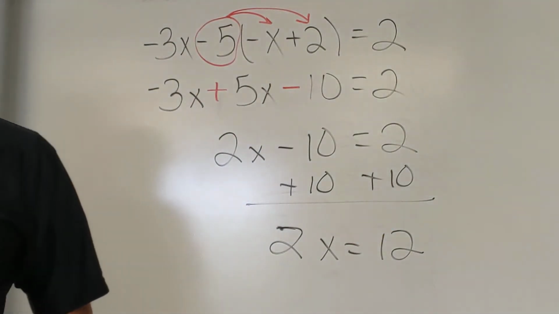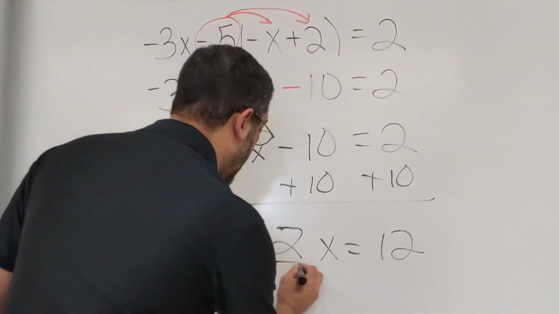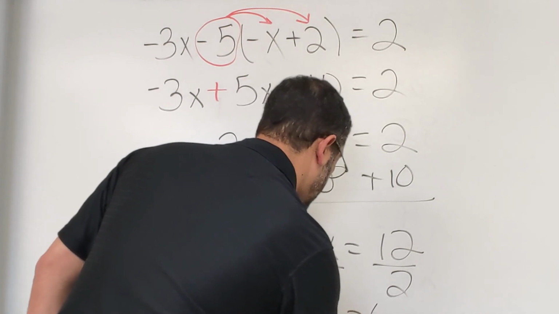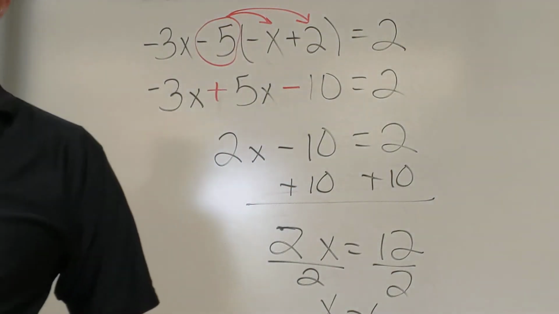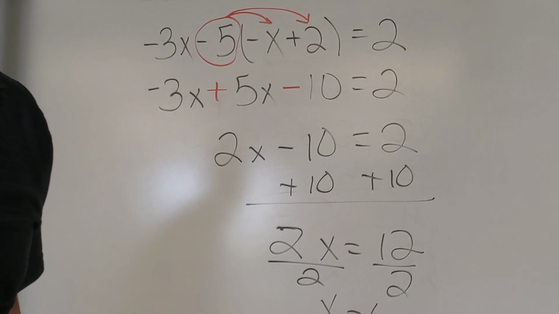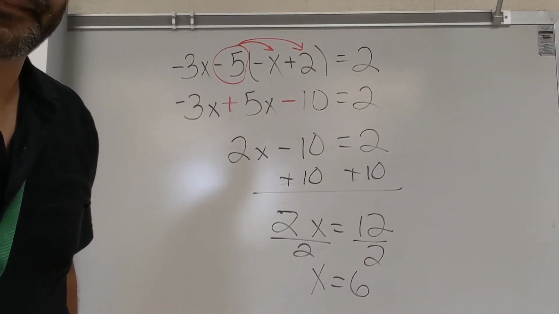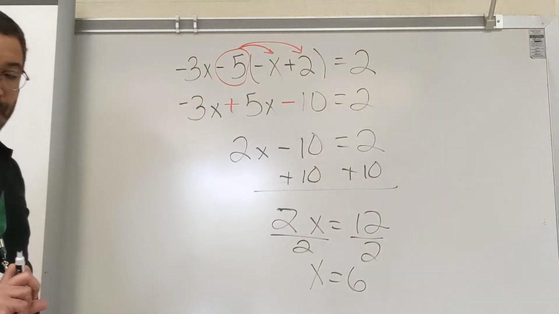So that gives me 2x equals 12. Divide both sides by 2. And x is going to equal 6. All right, so that's number 2.